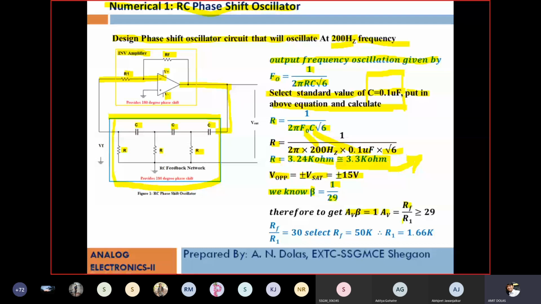I will prefer RF by R1 is equal to 30. Select one of the resistances. I choose RF as say 50 kilo ohm. Putting into the equation RF by R1 is equal to 30, with RF as 50, I get R1 is equal to 1.66 kilo ohm. So it is very small for 6, 7 or 8 marks. There is no need to get confused. Only 2-3 formulas you have to remember.